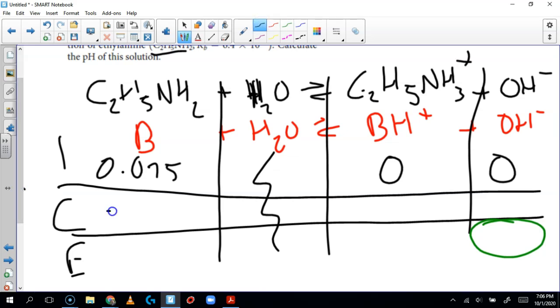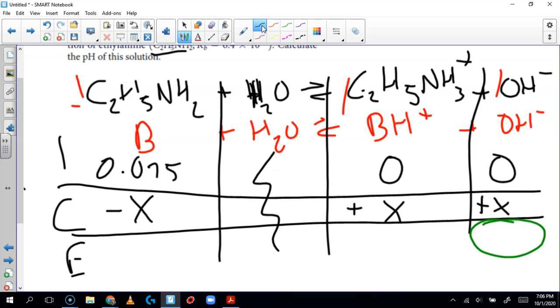Remember that if it's a reactant, we lose it, and if it's products, we gain it. So this is going to be minus x, and plus x and plus x. There's no stoichiometry that we have to worry about. Notice that all of these are 1 to 1 to 1 ratio. Normal base problems are 1 to 1 to 1 ratio.